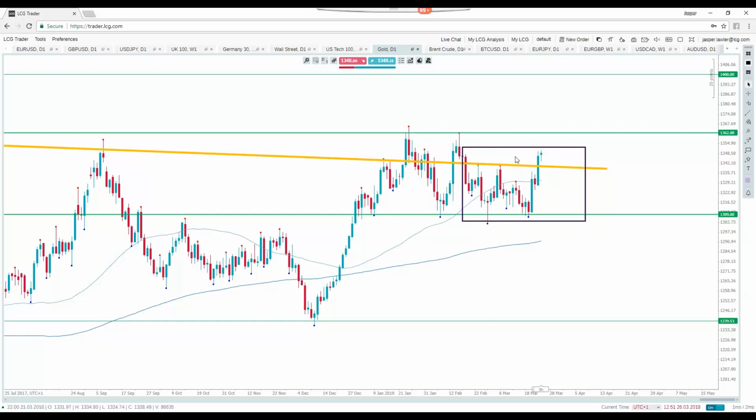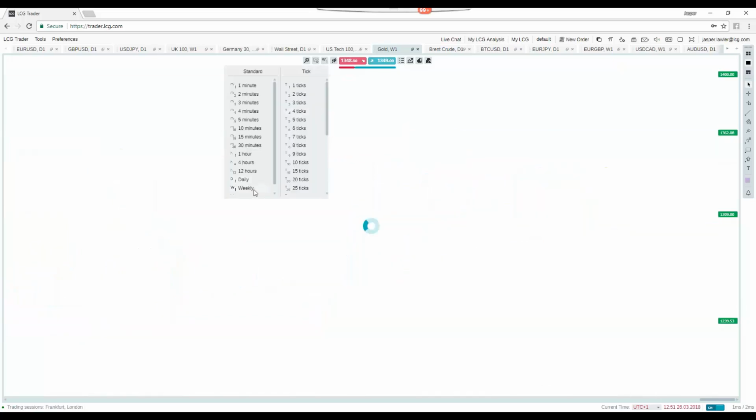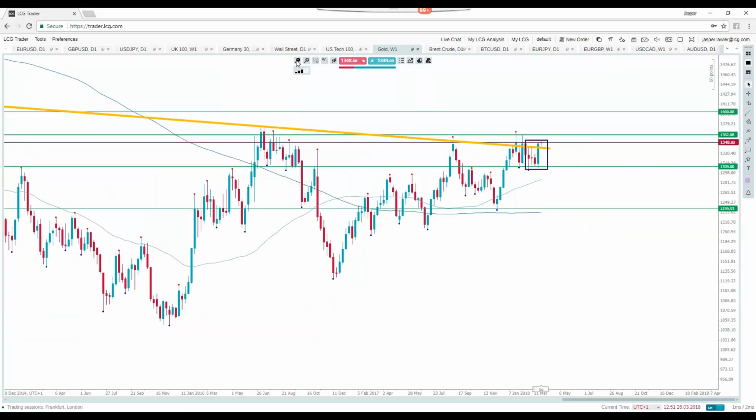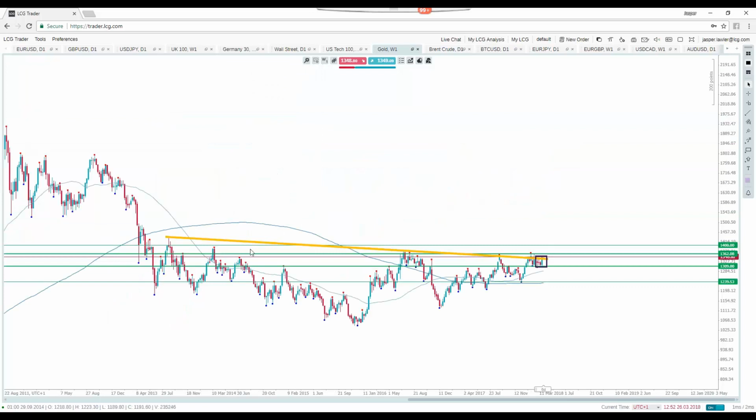So while this long-term trend line is interesting, we're still facing pretty stiff resistance up at that sort of 1362 kind of area. And as a reminder, this is the one we keep waiting for, the break of this sort of cup and handle, inverted head and shoulders type formation. So we're still looking for that for a kind of long-term bullish bias on gold, but not quite there yet.